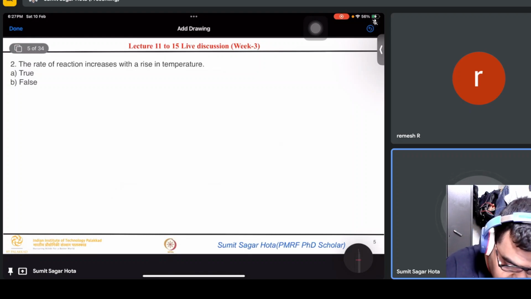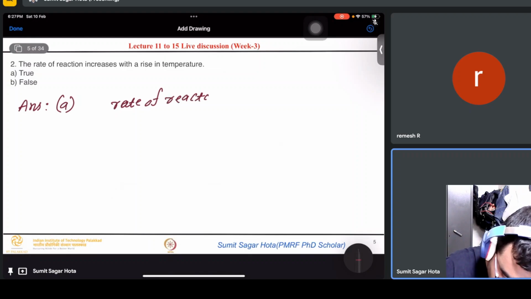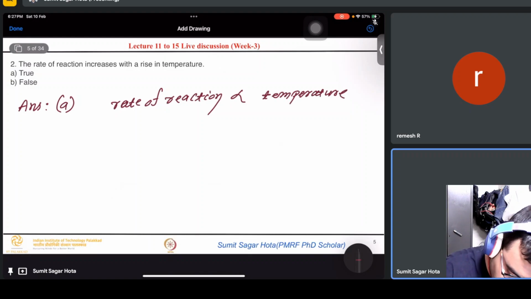So now here we know the rate of reaction is directly proportional. So if the rate of reaction will rise, temperature will also.